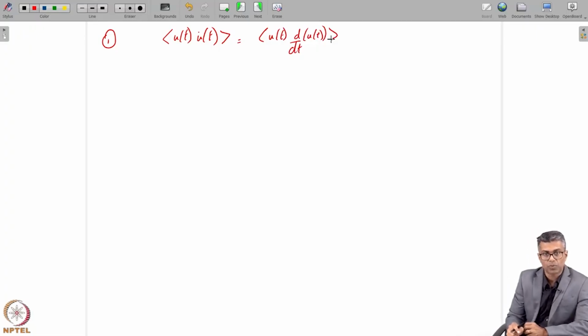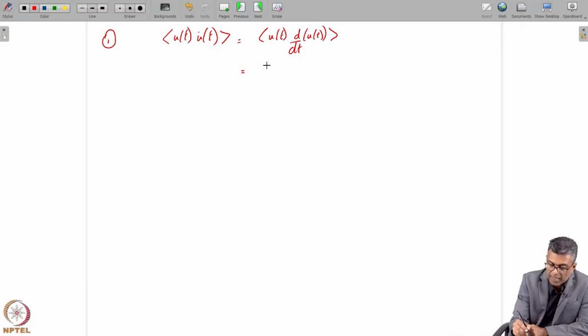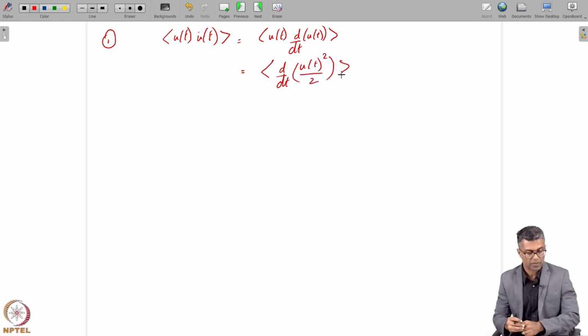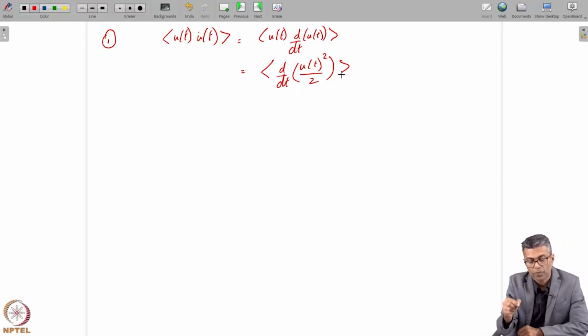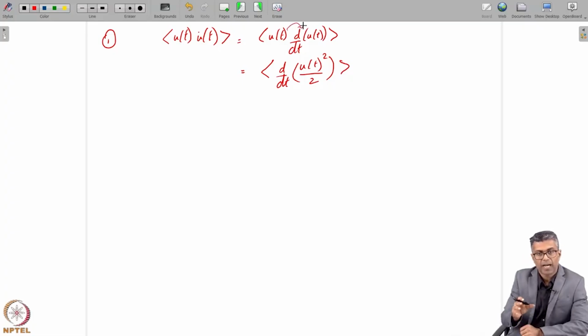Now here, let's see what happens. One of the things we can do is commute the differential operator outside. In that case, this would be d/dt of u(t) squared over 2, covariance. That's what you have. So essentially what I'm doing is taking the u(t) inside this time derivative and writing it as u(t) squared divided by 2.